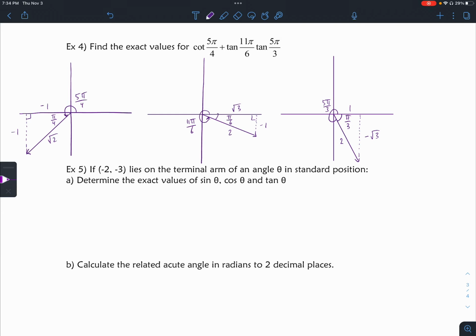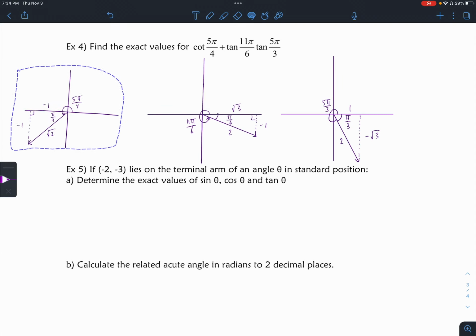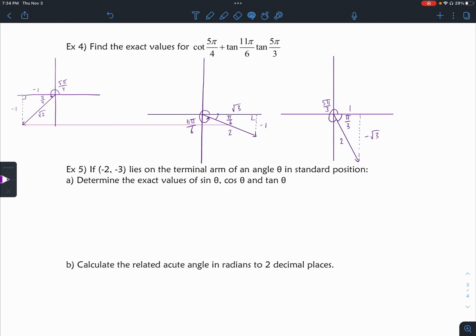Okay, so now that we have that, what I'm going to do is shrink these. They're a bit too big.